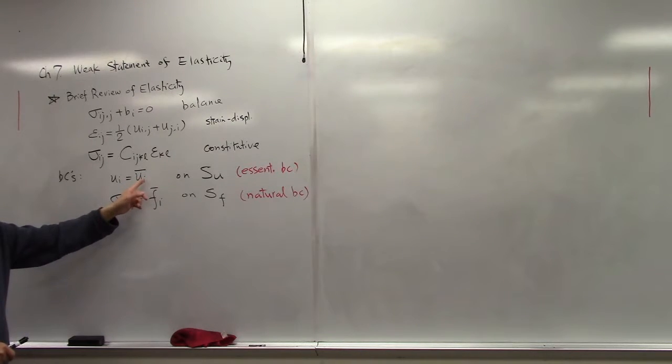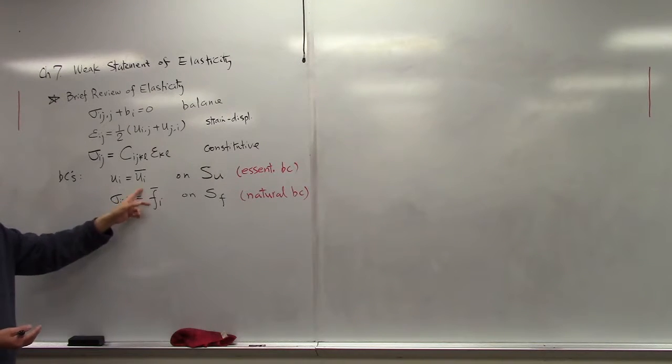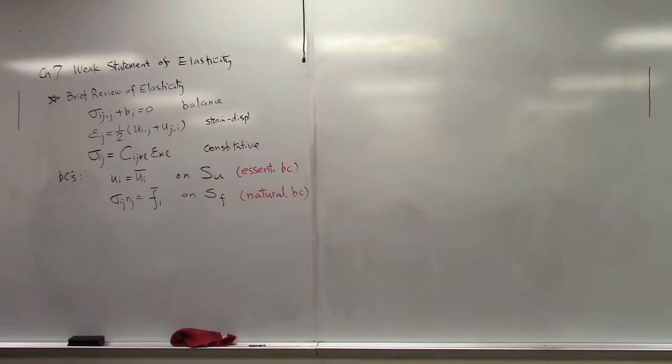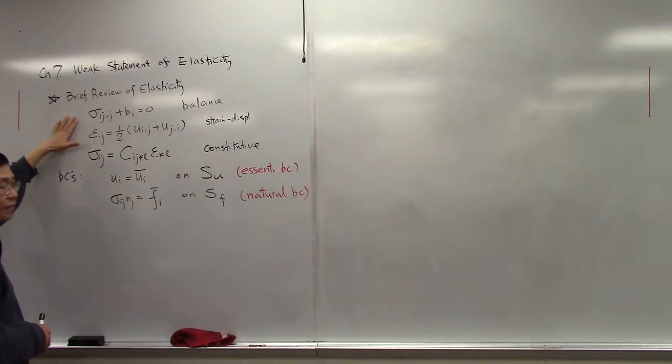And any parameter or variable with a bar on top means it is a given value. So we know these values. So these are the given boundary condition values. So this is the system, the governing equations of elasticity.